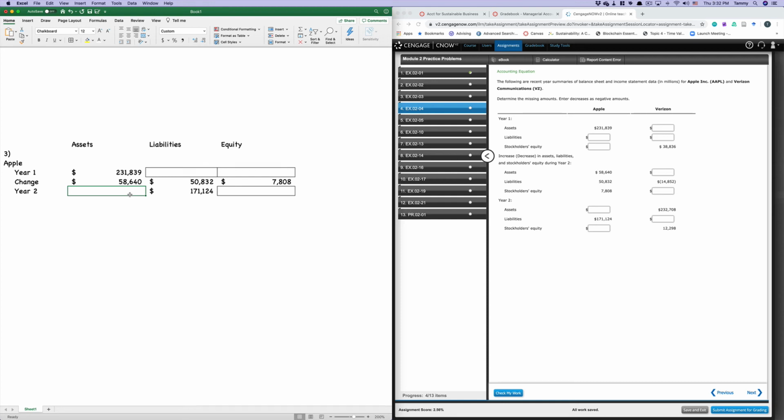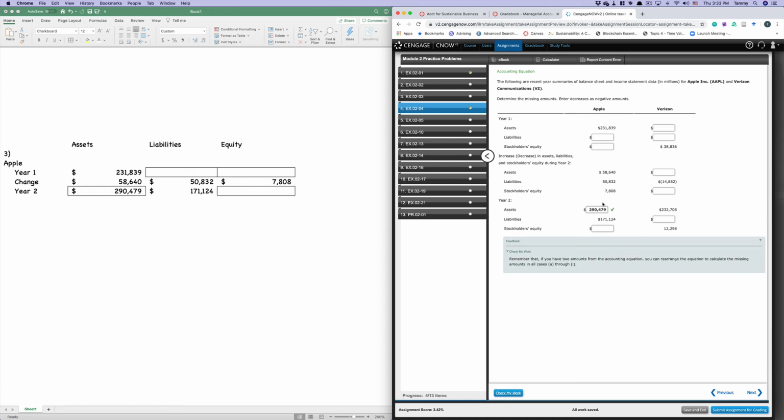For instance, in year 2, my total assets are going to be the year 1 plus the change, so year 2 is going to be 290,479. We can fill that in and check our work. You may as well check your work every step of the way because I've given you unlimited check my works. We'll check that, and it's right.